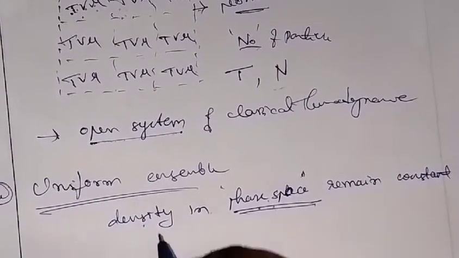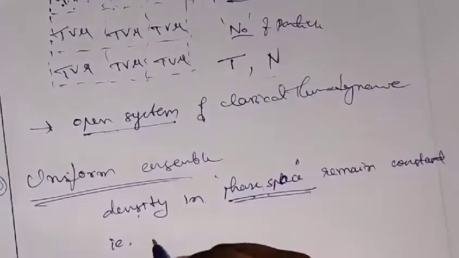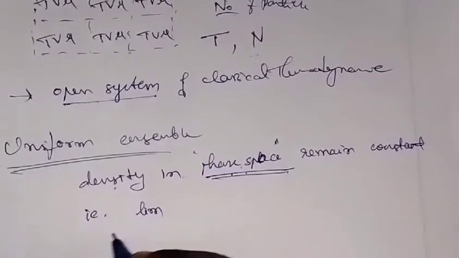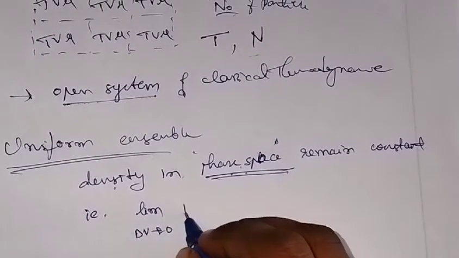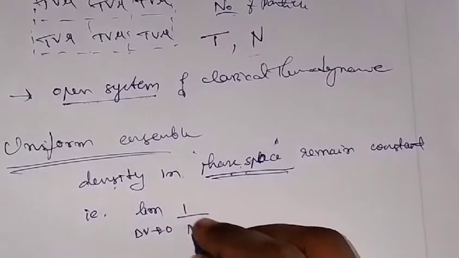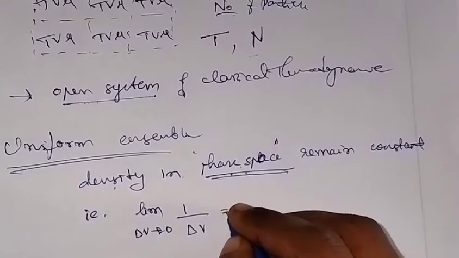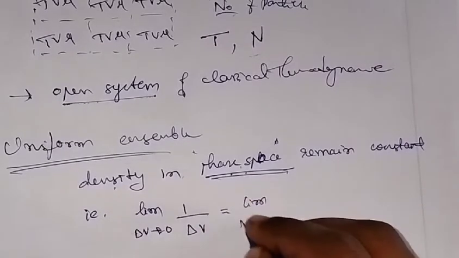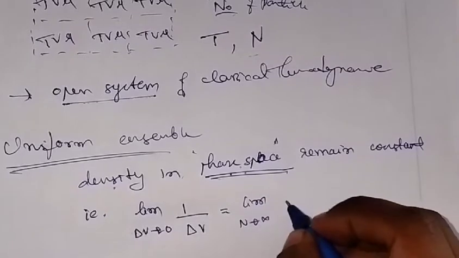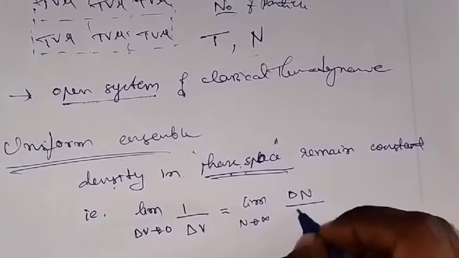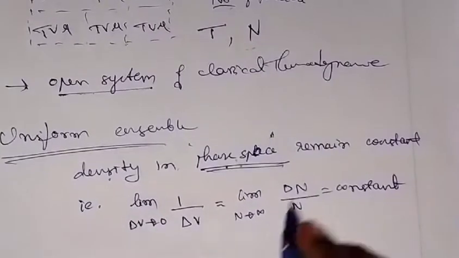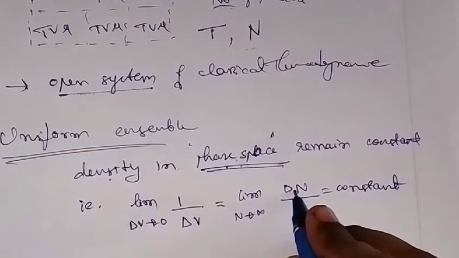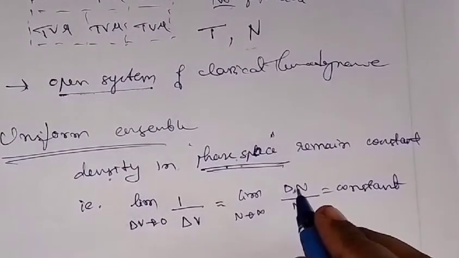Well, there is a little equation here. Limit delta V tends to 0, 1 by delta V is equal to limit N tends to infinity, delta N by N is constant. Please copy this. What is delta N? Delta N is the number of systems or number of particles.